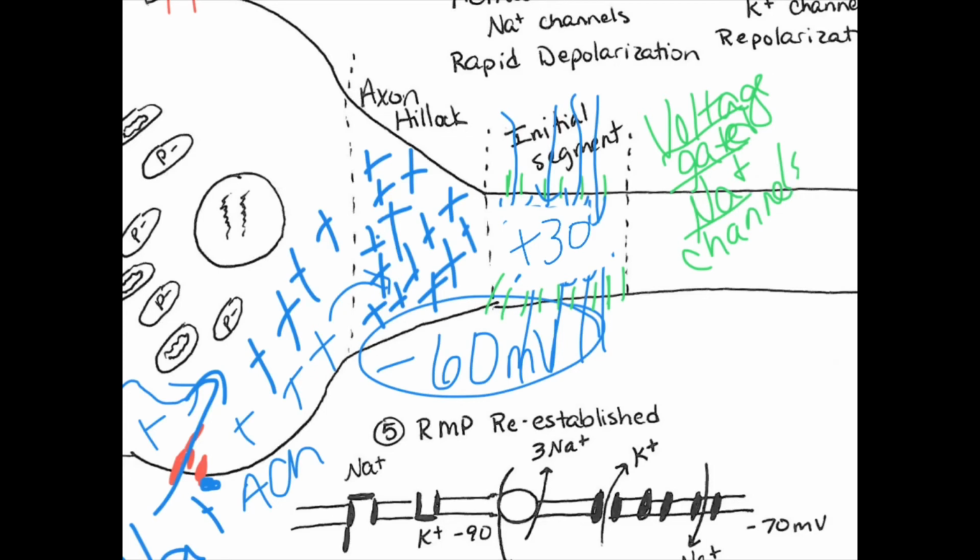At +30, the sodium channels are going to close. So sodium no longer can come into the cell. If positive charges aren't coming into the cell, that means the charge isn't going to go any higher than +30.